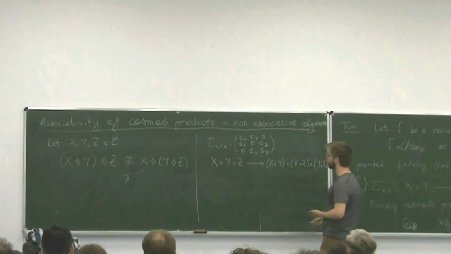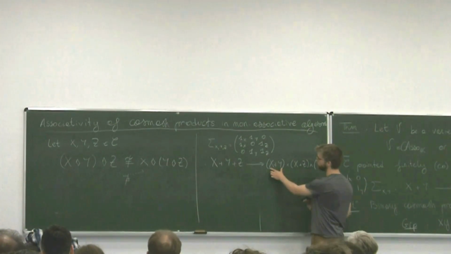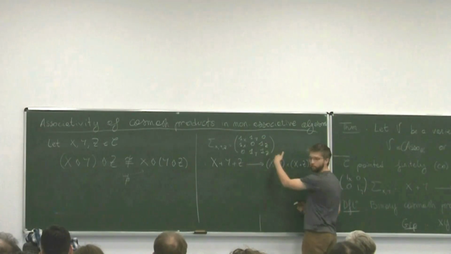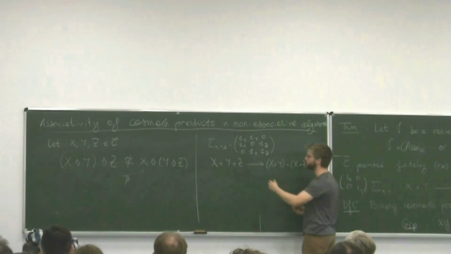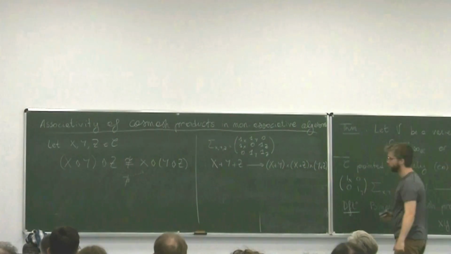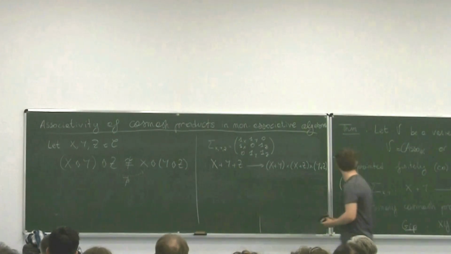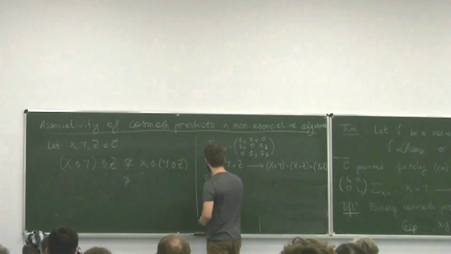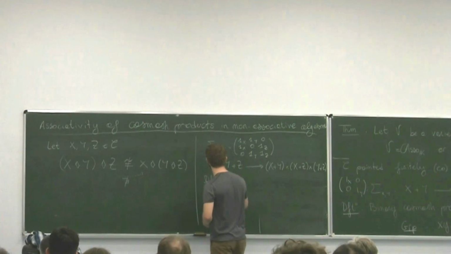So what it does is that here the first component is you just make everybody living in z vanish, and then you make everybody here in y vanish, etc. And again, as before, to define ternary Cosmash product, you just take the kernel of this.